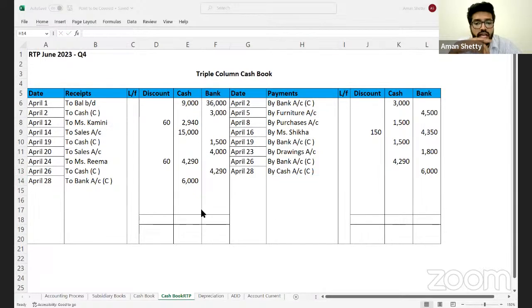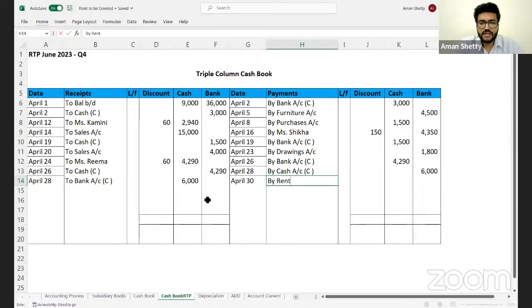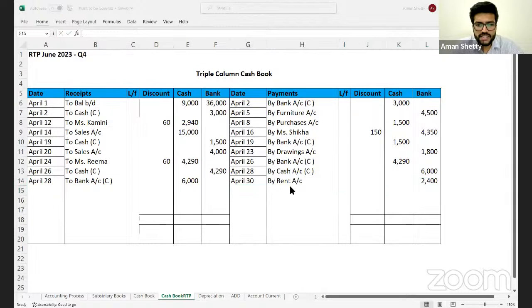Next, April 30th, paid rent by check. By rent account, rupees 2,400. And the last one is 30th April, charged 1% commission on sale through debit or credit card.